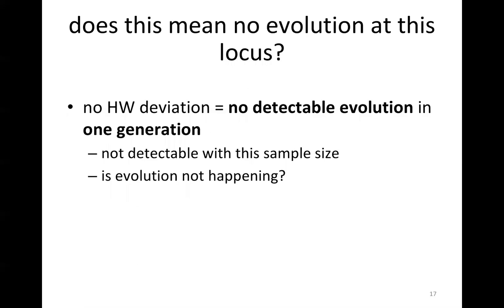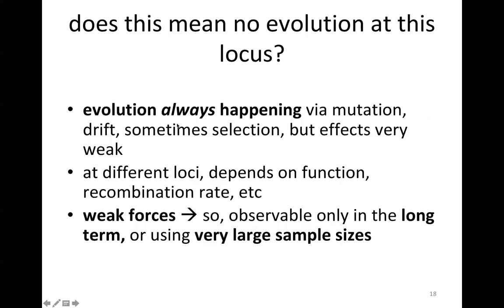Whatever processes are happening, they're happening at a very subtle, low-scale level, and with our given sample size in just one generation, we cannot detect it. But if we had been studying this locus over a higher number of generations using larger sample sizes, we should be able to identify effects.